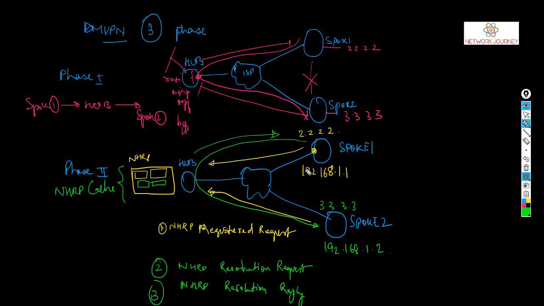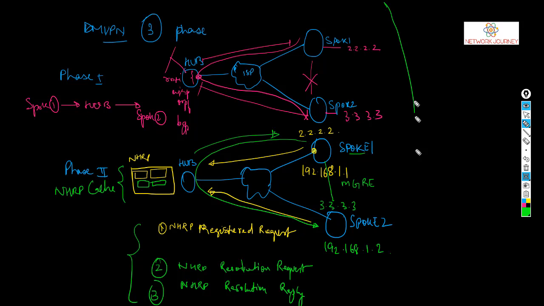And now spoke 1 communicates to spoke 2. So in this case, the spokes will be making use of the mGRE concept. The spokes have to be configured with mGRE so that they can communicate with other spokes as well, to have direct spoke to spoke tunneling. But before achieving that, there are 3 steps happening here.